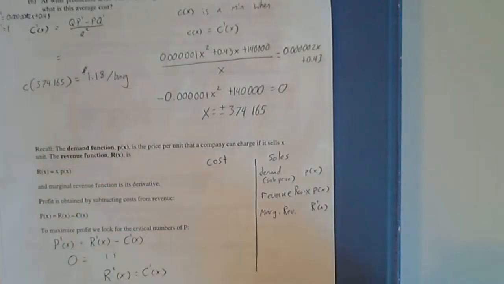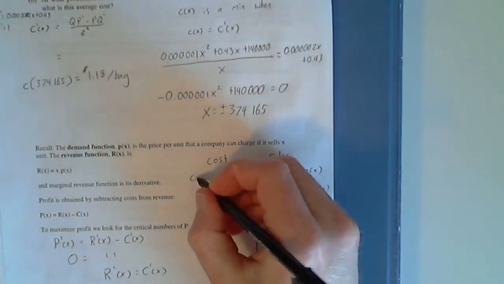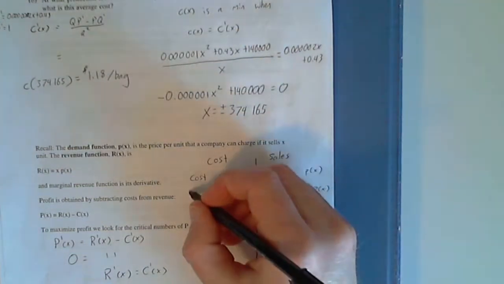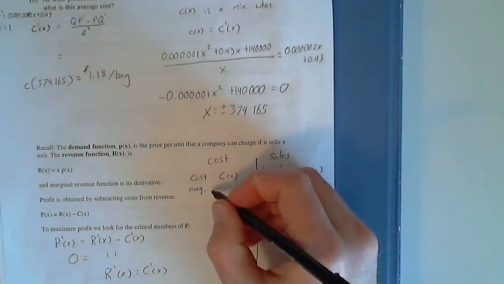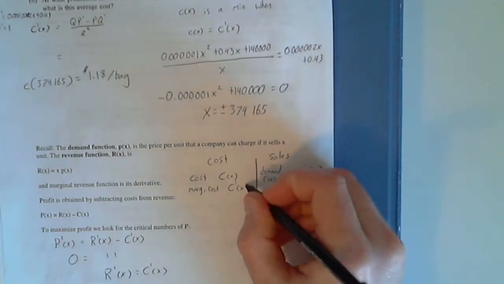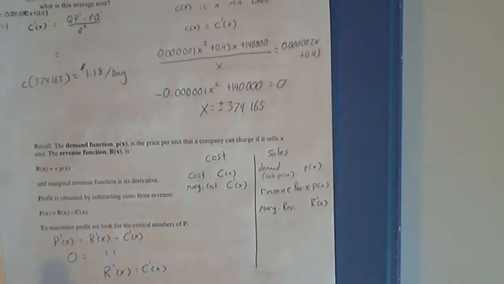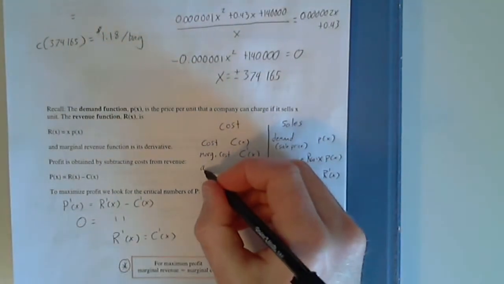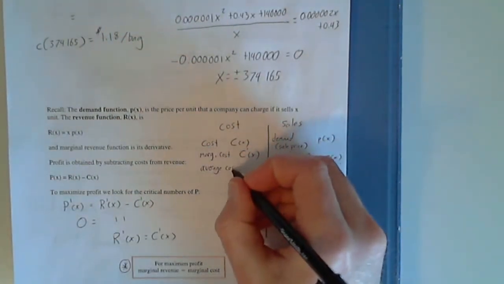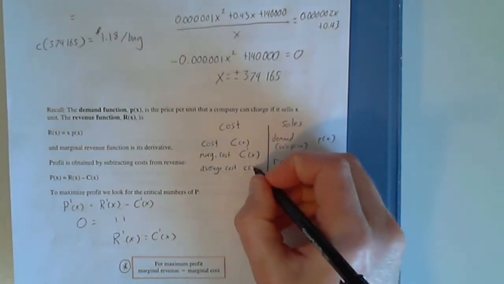In terms of cost, we have our cost function, which is C of x. We have our marginal cost, which is capital C prime of x. And now we also have our average cost, which is little c of x.